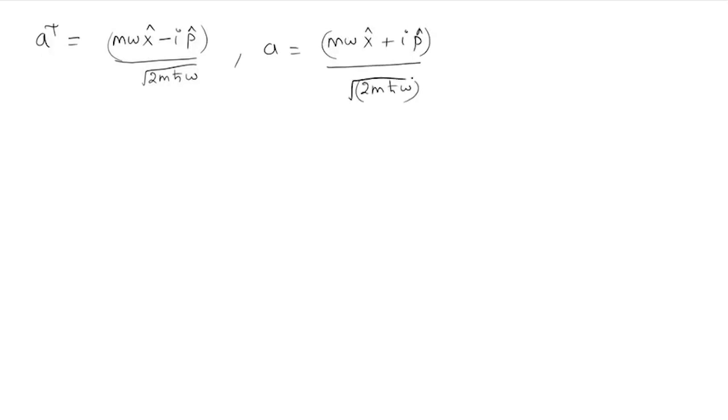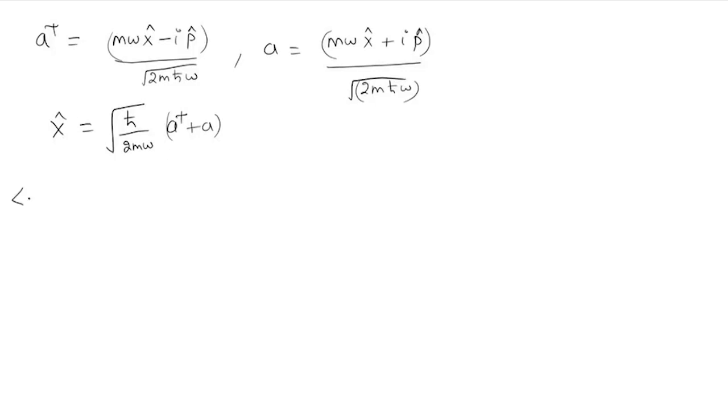From here, you can invert this and write what x is. The x operator, if you invert, you just add both of them. If you add, you get x, and the p's will cancel. And then there is a factor. I have to figure out this factor. You please do it. You remember only one, and then you can figure out the rest. There is a factor, and x is a plus a dagger.